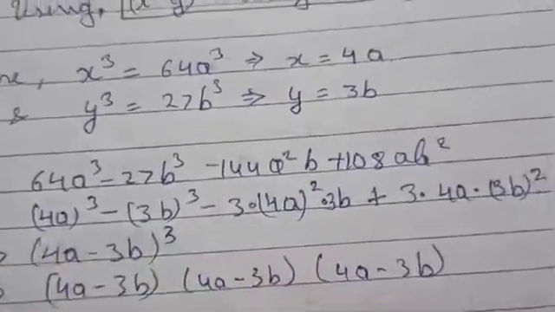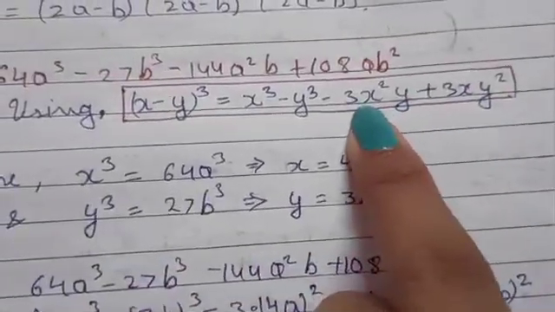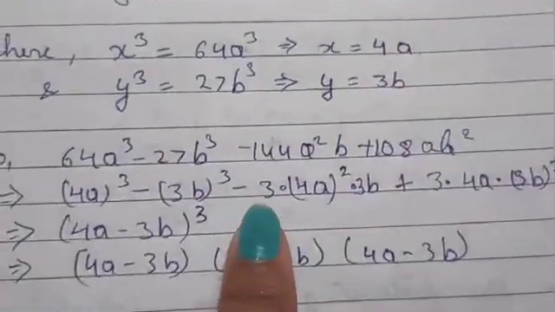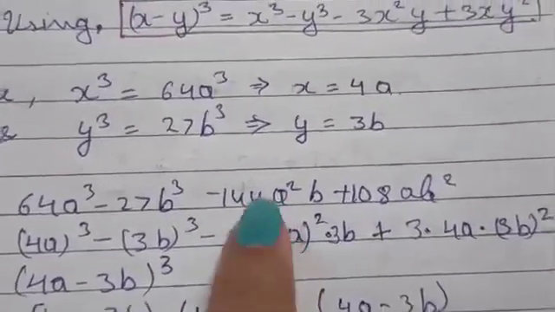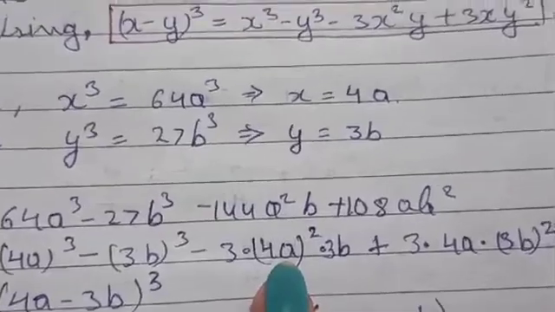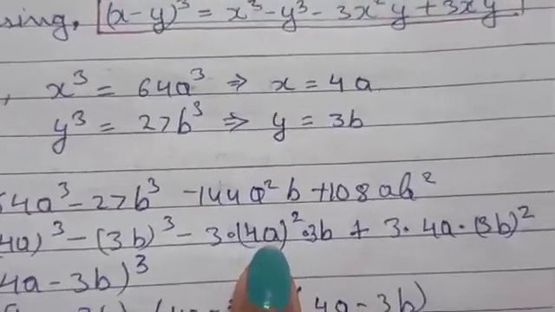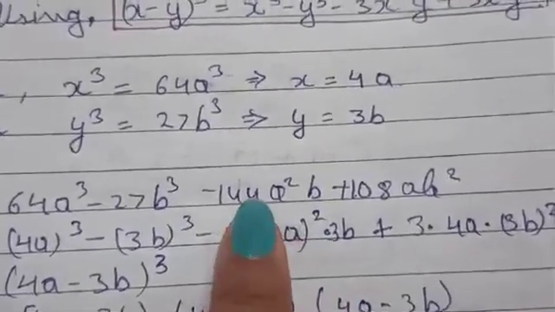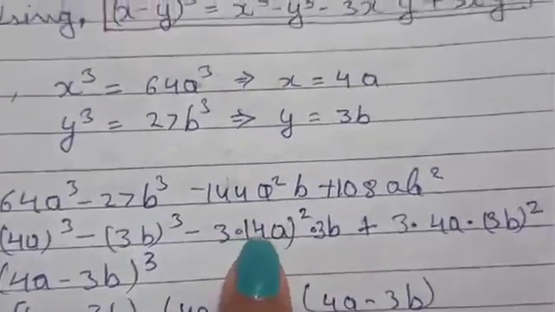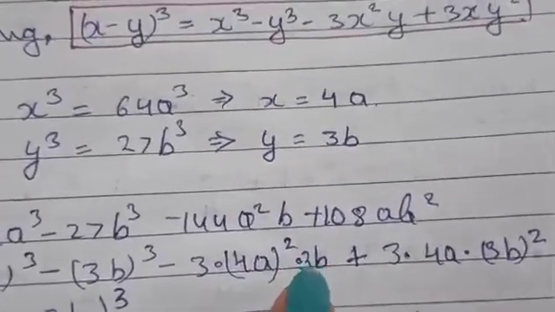The identity has 3x square y, so 3 into, in place of x, (4a) square. 4 square is 16, so 3 into 16 is 48, into 3 is 144. So 3 into (4a) square into 3b. What is 3b?